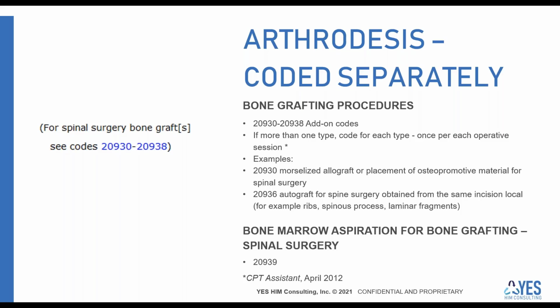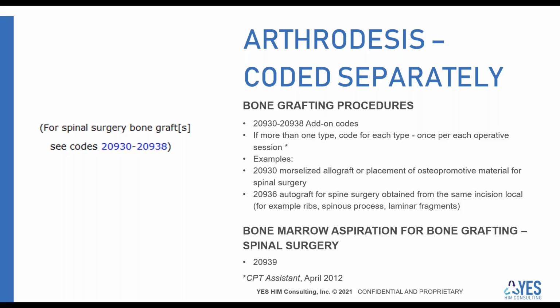If you have more than one type, you code for each type only once per each operative session. As we get into the case studies, that will make a little more sense. As an example, let's say I have a spinal surgery and the surgeon used both allograft and autograft. What would I code? You could code both, but you would only code once each.